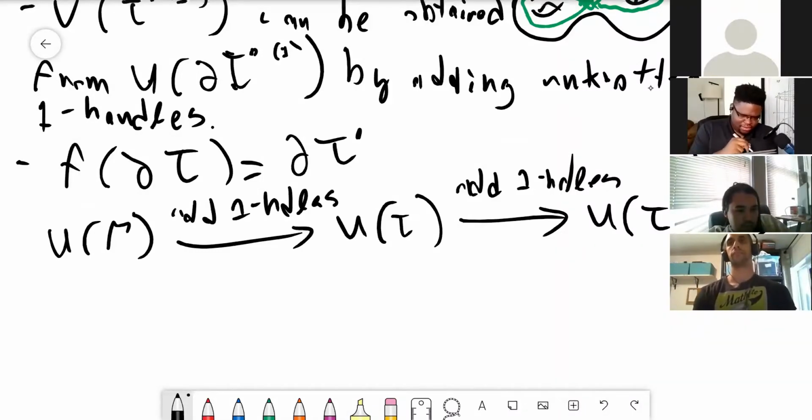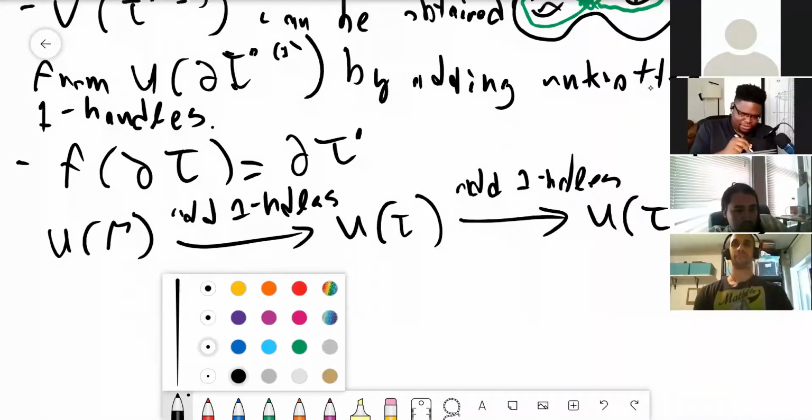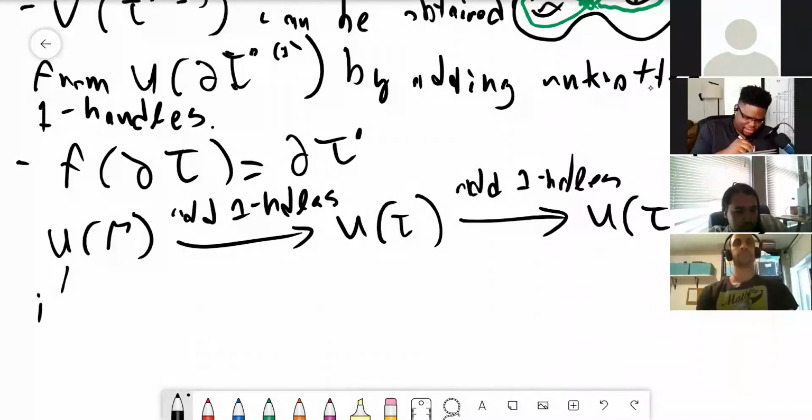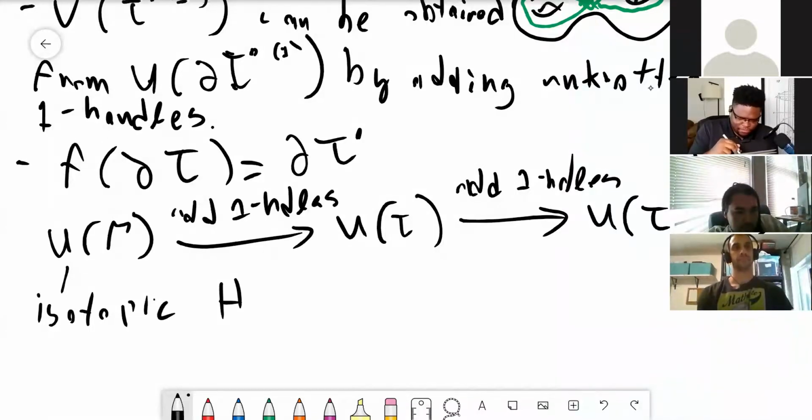All right. And then we say, oh, but this guy right here, well, this was just isotopic to the original handle body H, because it's just the axial graph. The handle body deformation retracts to it.